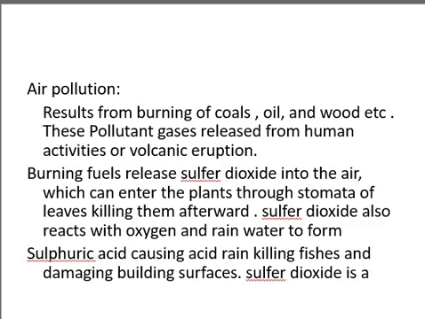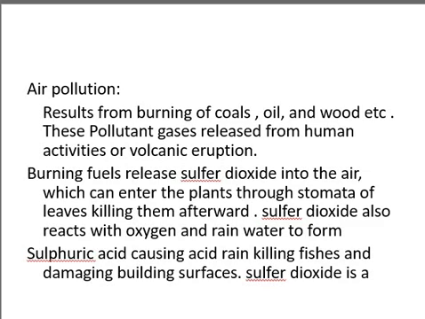Well, we see air pollution. Air pollution results from the burning of coal, oil and wood, etc. Air is contaminated and polluted with smoke, and a colloidal system is formed with suspended particles. These pollutant gases are released from human activities or volcanic eruptions as well.